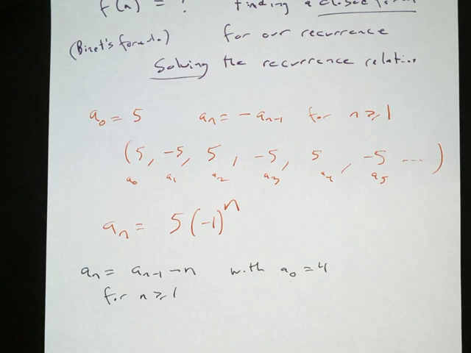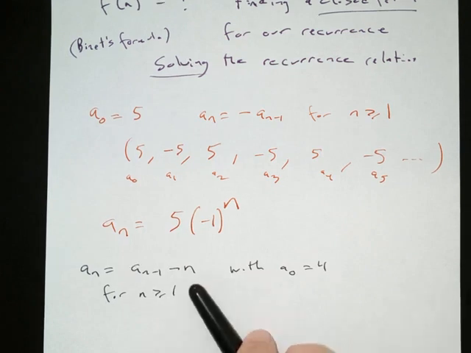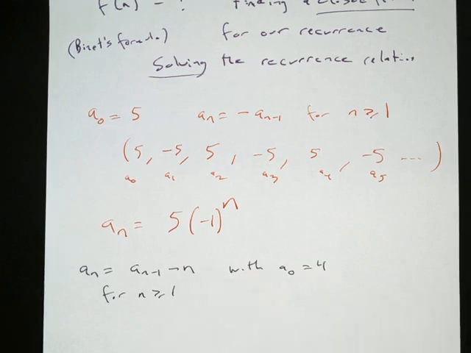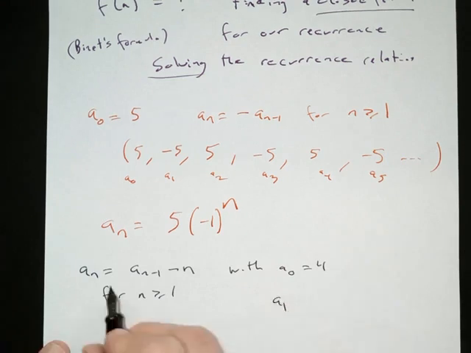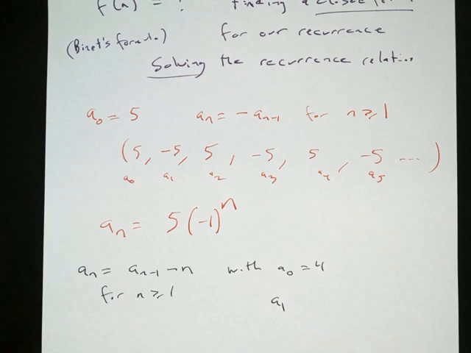This is still a recurrence, but this time you'll notice there's a term in here that isn't about an, it's about n itself. If I tell you that A0 is 4, A1 requires me to use this formula. What is A1?